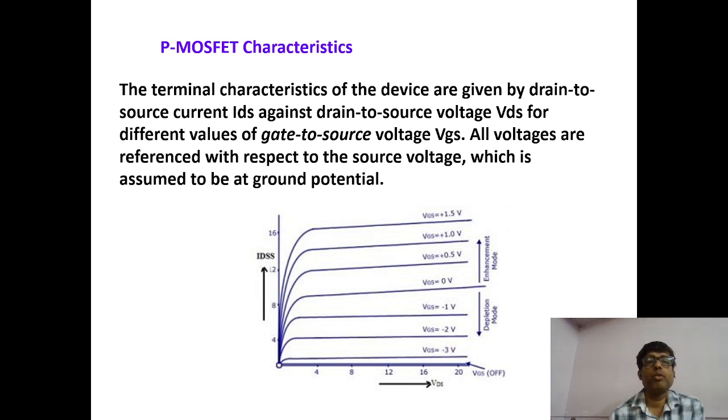Next, if we go to the P MOSFET characteristics, the depletion and enhancement types can be accommodated in a single graph. Single graph means depletion mode and enhancement mode are both drawn. Previously we have seen that we apply minus 3 volt, minus 2 volt, minus 1 volt for the depletion and for the enhancement.